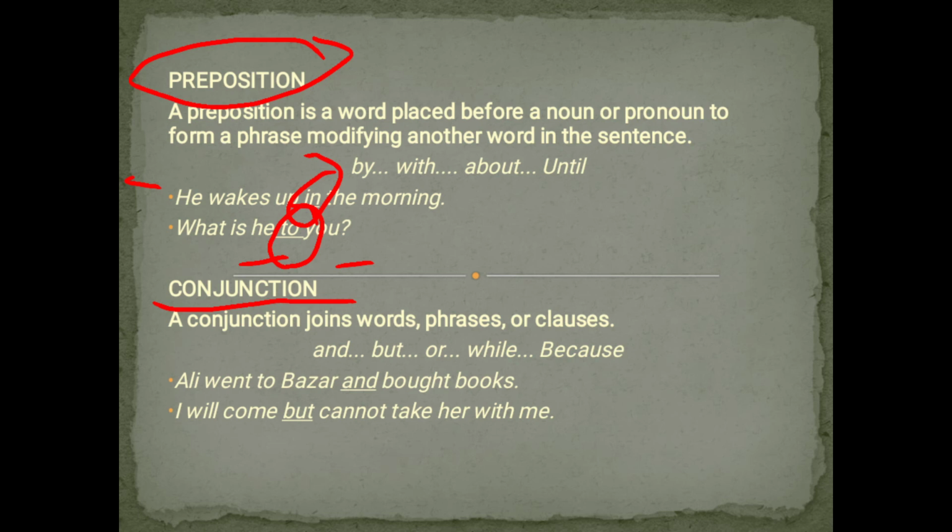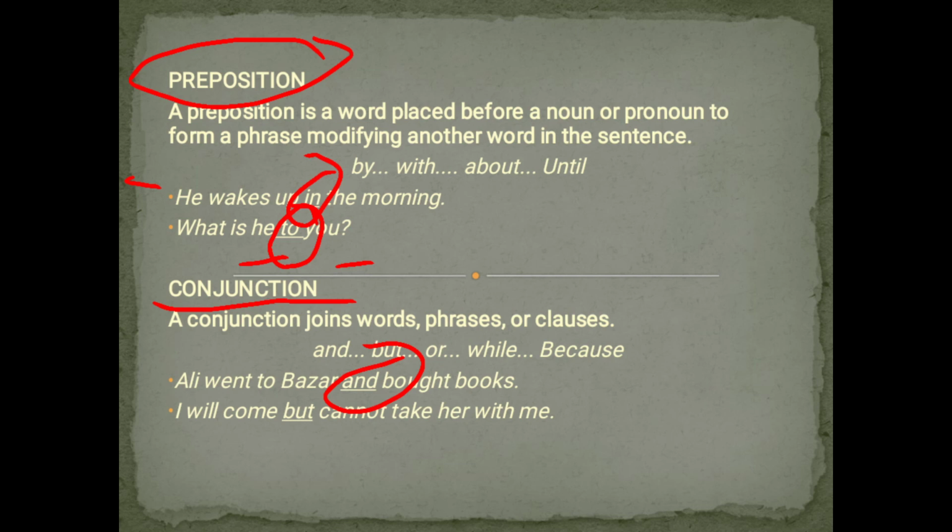Ali went to bazaar is a separate sentence, while bought books is also a separate sentence, but I joined them in one sentence through one conjunction, and the conjunction is and. So that's why we call it conjunction.